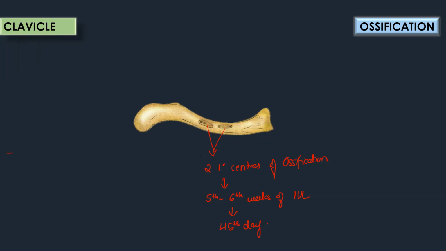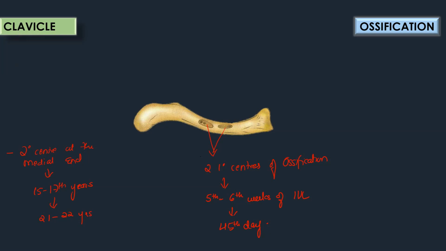Now, we have a secondary center at the medial end. This appears at 15 to 17 years and fuses with the shaft during 21 to 22 years.